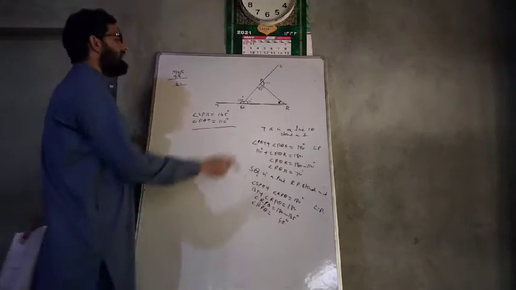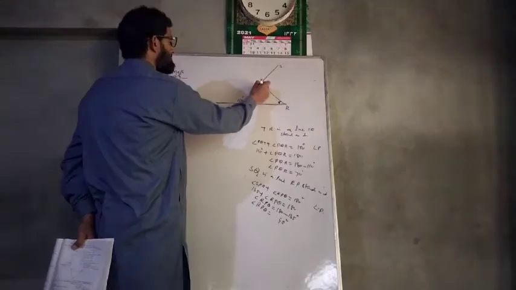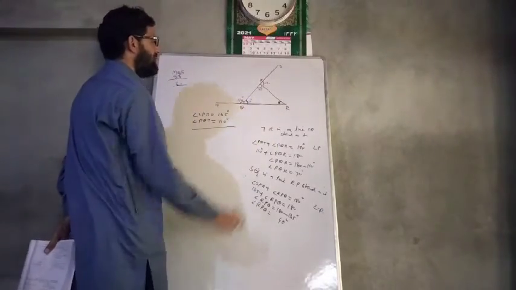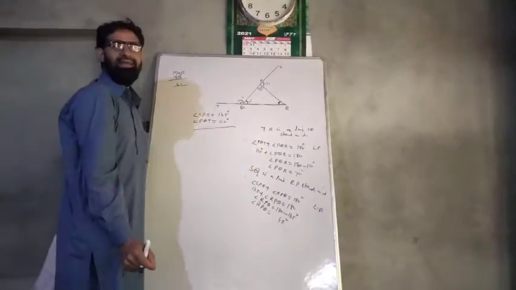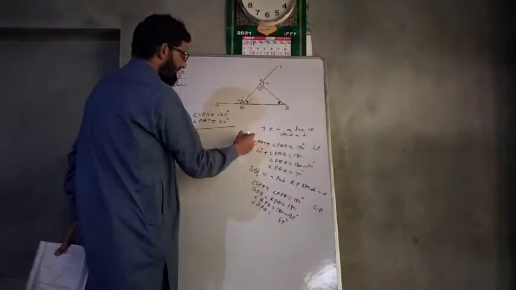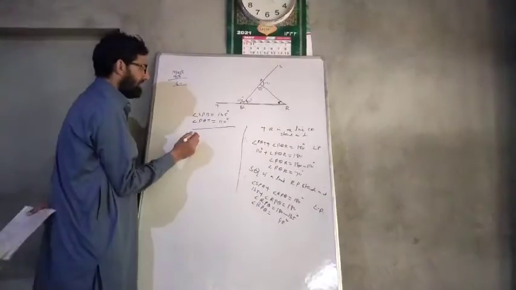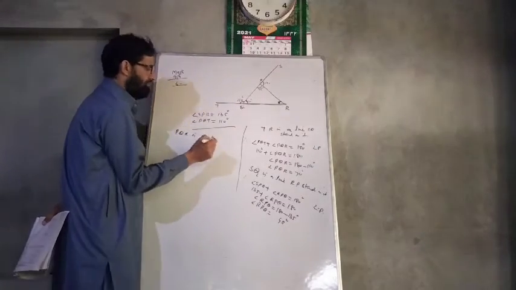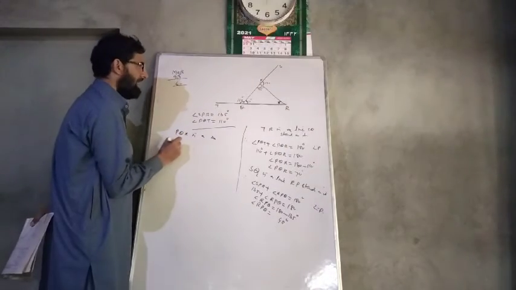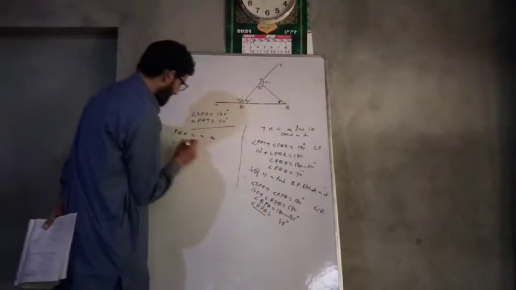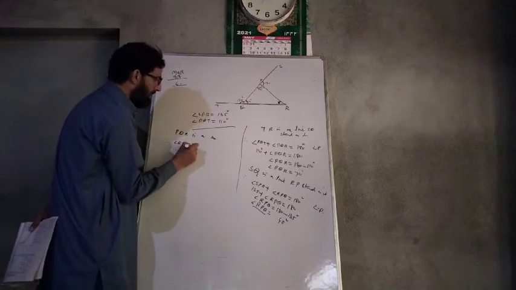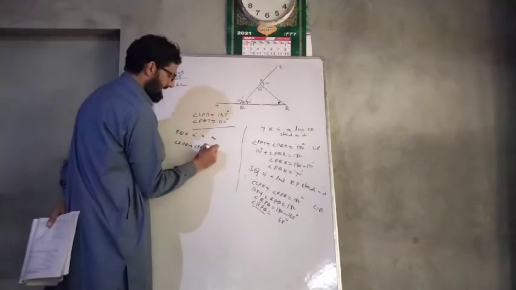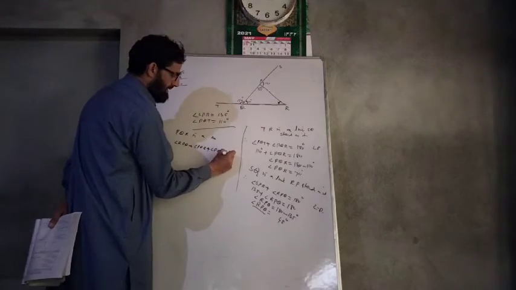Now two angles of this triangle we have found, this angle and this angle. Now this is very simple. By the angle sum property we know the sum of angles of a triangle is equal to 180, and we know two angles, so the third angle can be found. PQR is a triangle, therefore by the angle sum property, angle RPQ plus angle PQR plus angle PRQ is equal to 180.